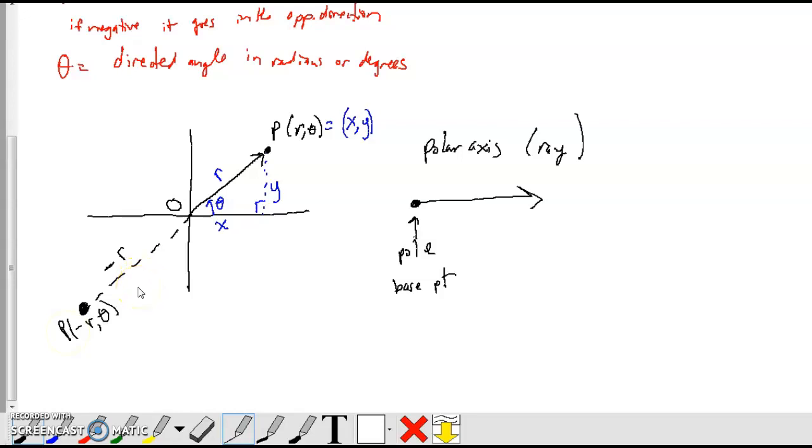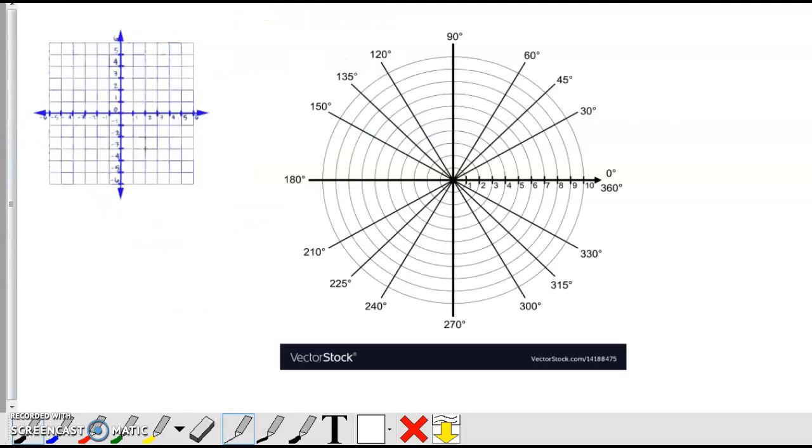What do these kind of graphs look like? How do we graph them? Well, we do have two separate graphs. So here's an example of our original one. This is our Cartesian, and then this is our polar.